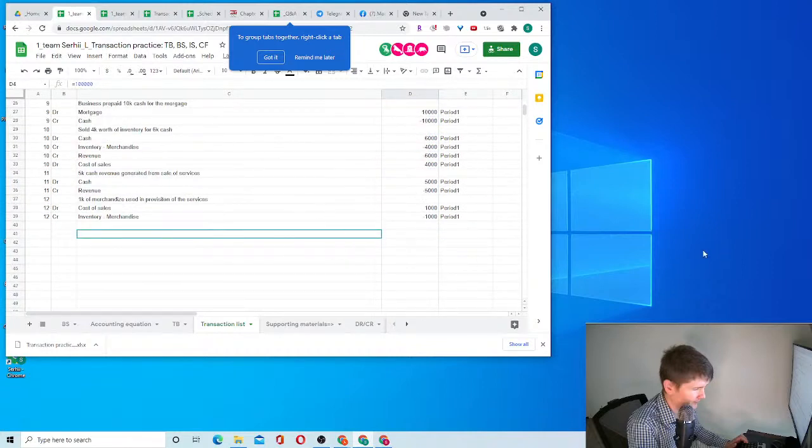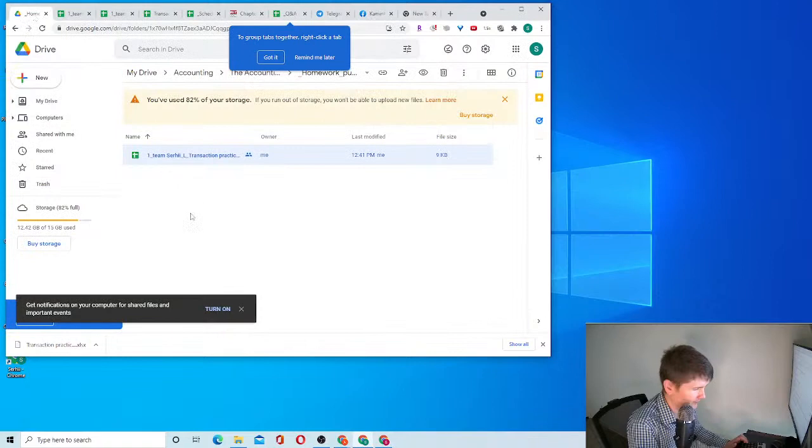And now, yes, you copy your file. I advise you to keep it here in that folder.